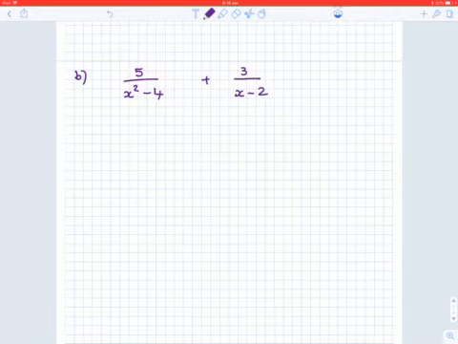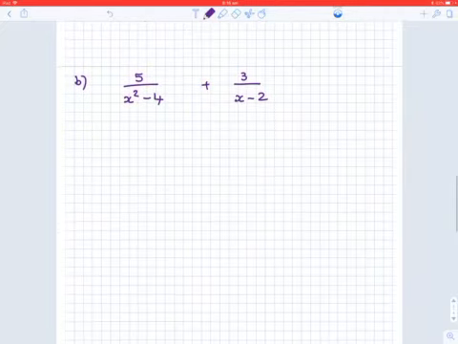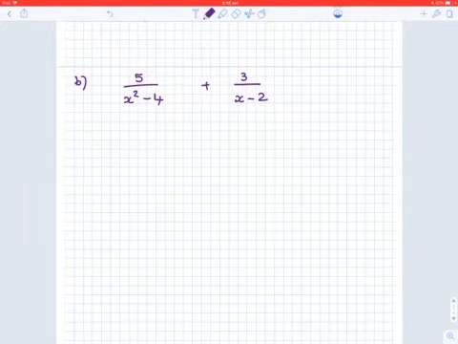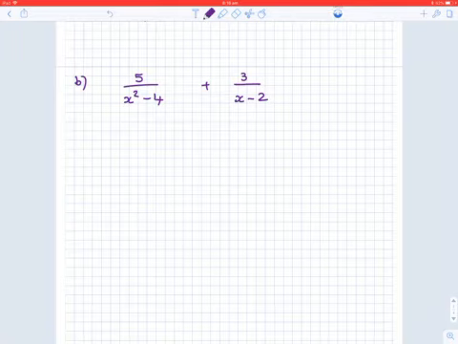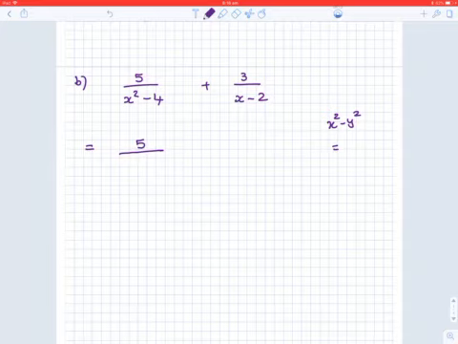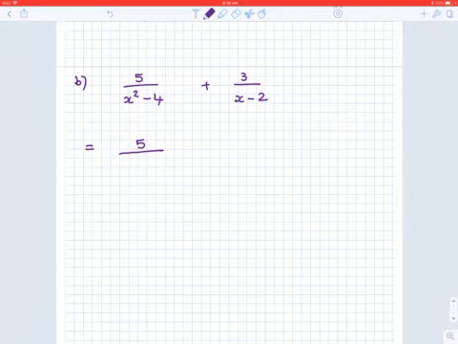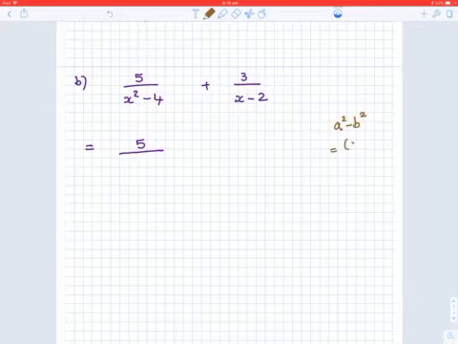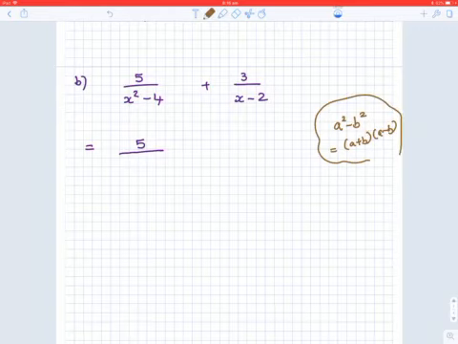Now, when you look at this question, the first denominator is x squared minus 4. If it is a number, it is easy, but this one has algebra. So what we are going to do first is rewrite the question as 5 over... See, a squared minus b squared can be factorized as (a plus b) times (a minus b).